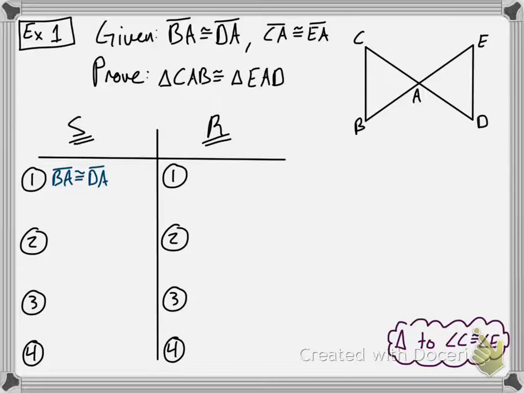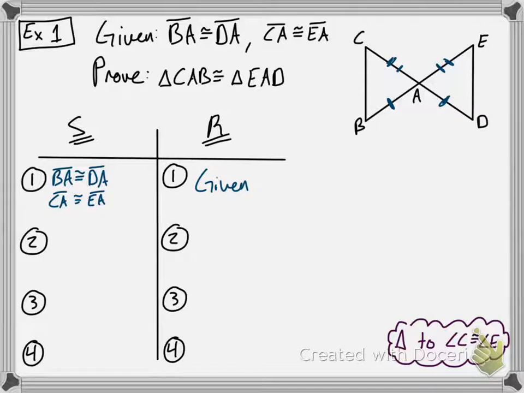We also have CA being congruent to EA. And our reason there would be given.